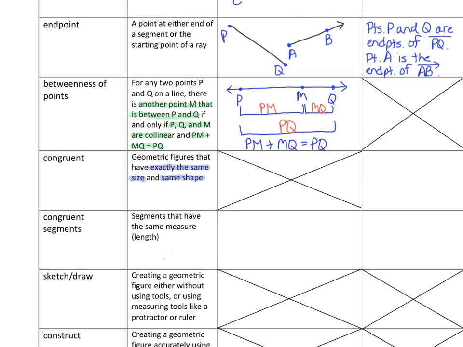We do have a symbol for congruent in geometry, and it is the equal sign with a tilde over it. So anytime you see that symbol, that is congruent. So that's your symbol for congruent.